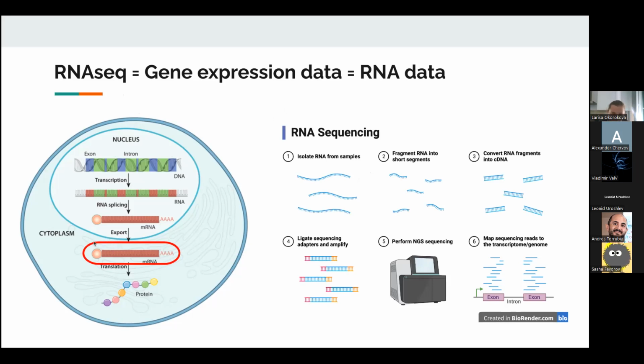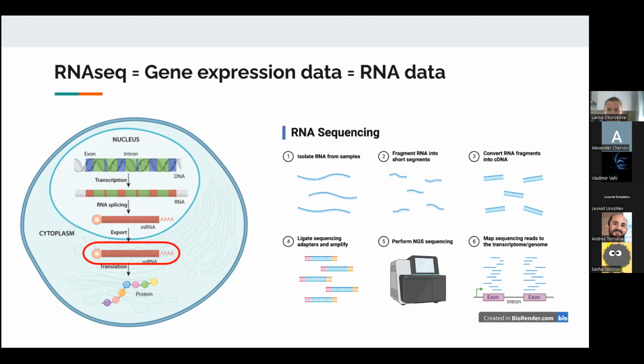We actually took these kinds of molecules, almost all the same. We try to take only the mature ones from the cytoplasm. We isolate them, and basically we send them to sequencing, and then we can make the mapping between the reference genome and this particular read.